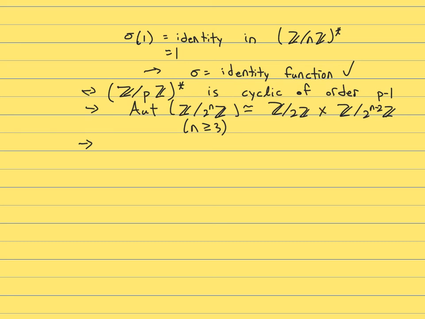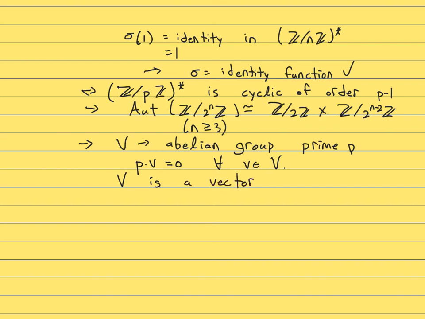The next interesting example is you have an abelian group. We're going to use V for some reason, that becomes clear in a moment. And we fix a prime p. We're going to write the group additively, and the claim is that every element has order p. And you can prove that V is actually a vector space over the field Z mod pZ.